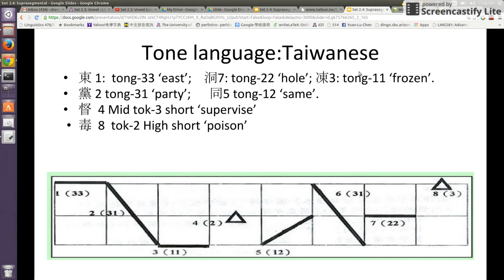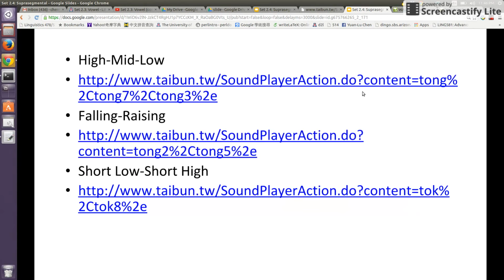Because I'm speaking a tone language, Taiwanese, I can tell you more about this. In Taiwanese, there are 7 tones. It's kind of crazy, right? I can show you how these tones are pronounced. Pay attention to this one.